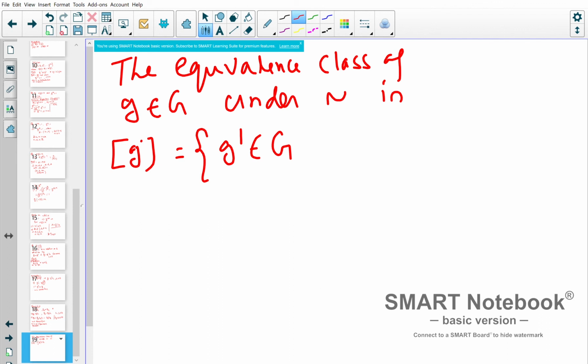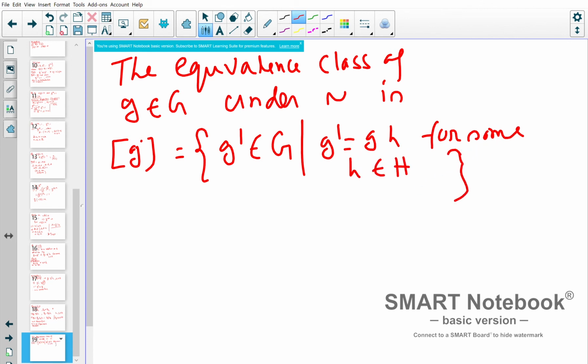Those elements which are related to G. So this will be all those G dash such that G dash will be G times H for some H belonging to H. This is the meaning of the equivalence class. But what is this set? By definition, this is the set GH, the collection of all the elements of the form G times some element of H. So the equivalence class of an element is of this form GH.